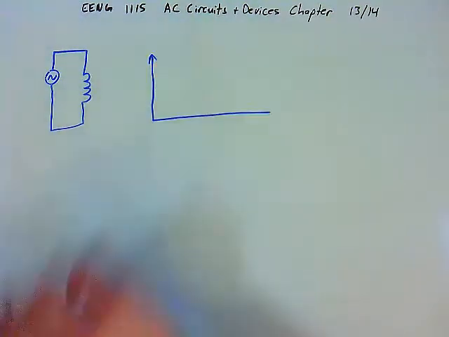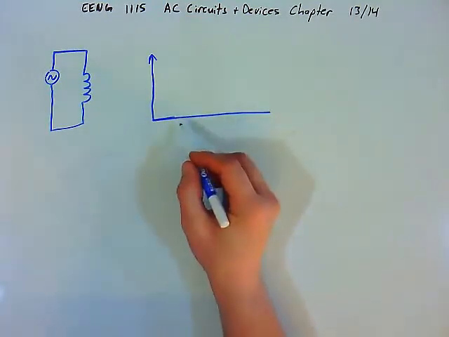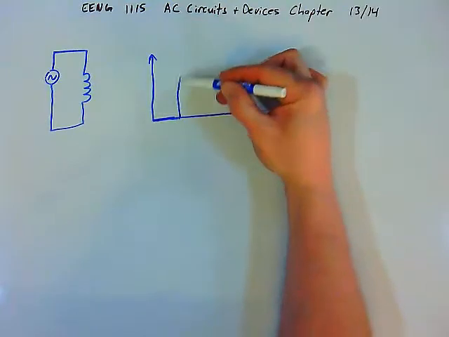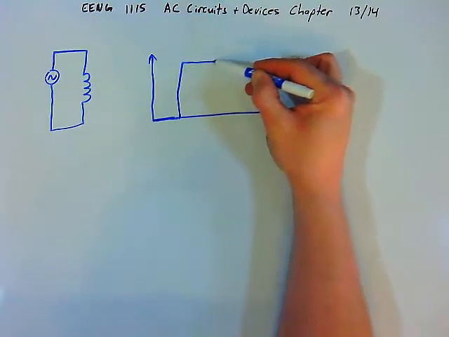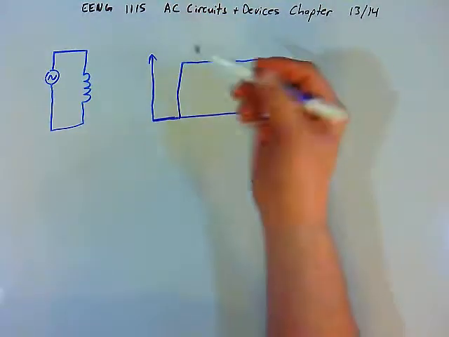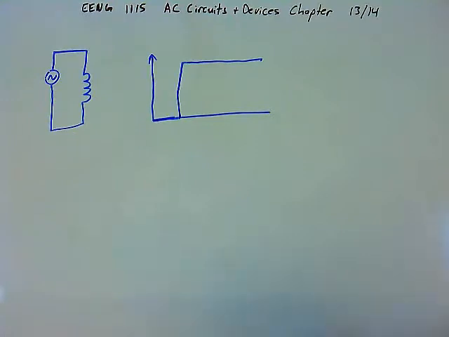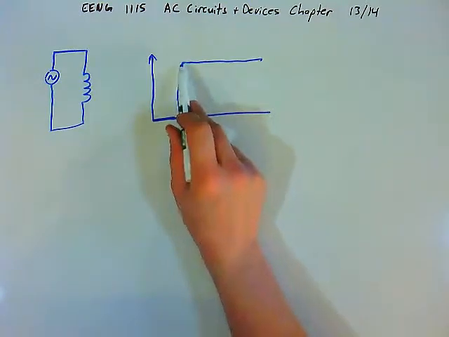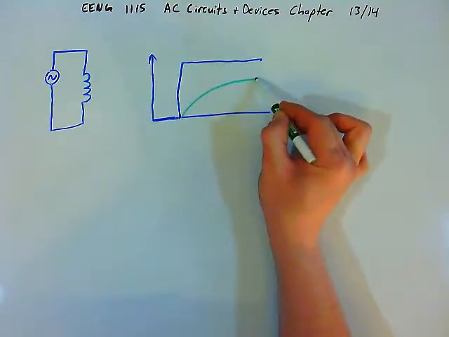that in the DC circuit, the voltage, and I'll do the voltage in blue, the voltage started off at 0. When we closed the switch, the voltage rose instantly, and then we were at some maximum value. In the last example, it was 12 volts, whatever value it happens to be. But what we saw with the current is that when the switch closed and the voltage rose instantly, the current rose gradually up to some maximum value, right?